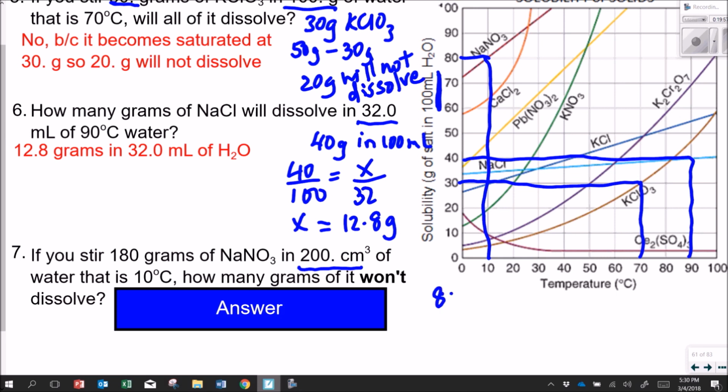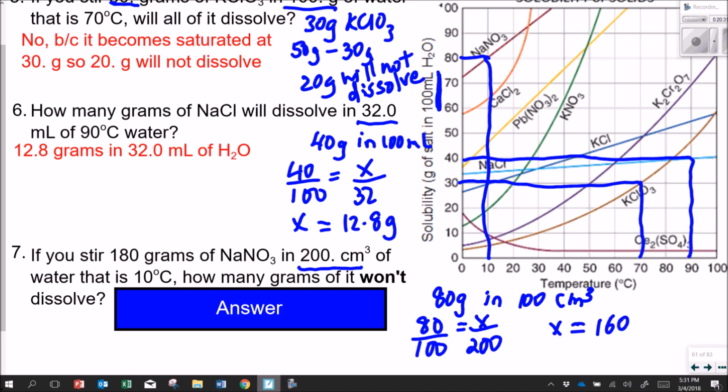So I have 80 grams in 100 cubic centimeters of water. So I need to find out how much would dissolve in 200. So I do my proportion, 80 over 100 equals x over 200. So x equals, of course, 160 grams.